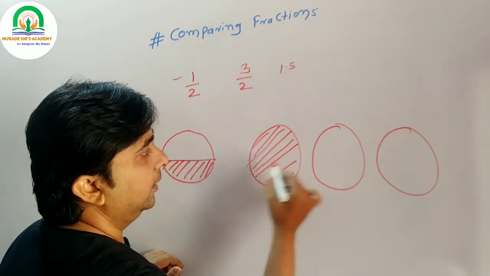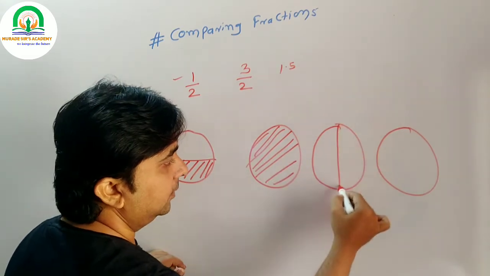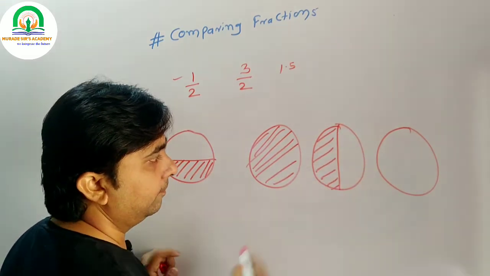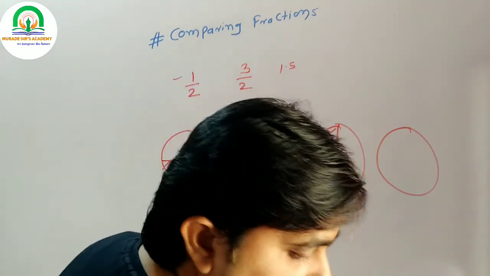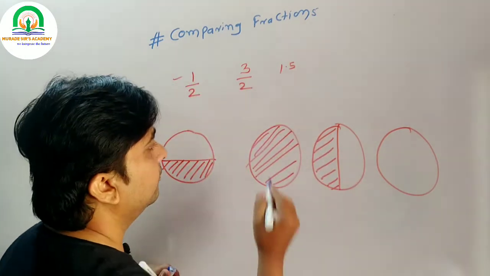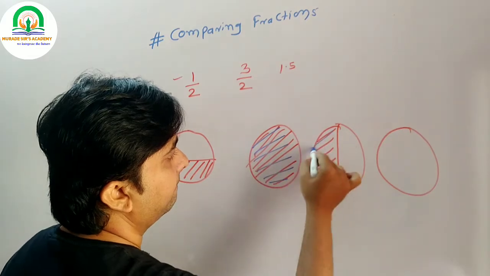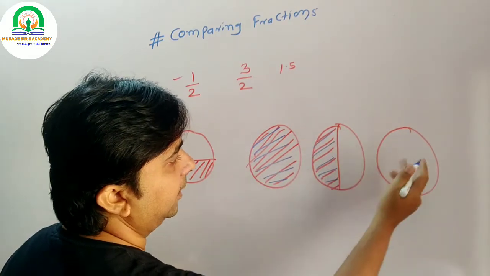and from the remaining, this is half. Equal portion means this is what you ate and this is the remaining.